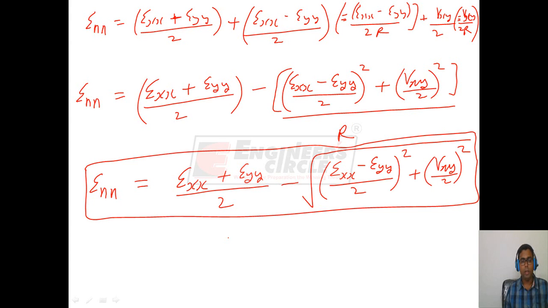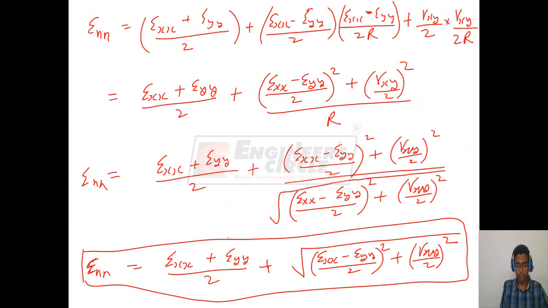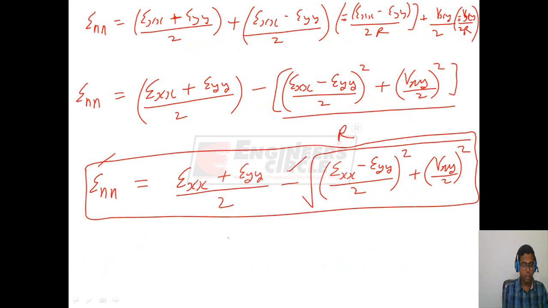Now out of these two values, it can be clearly seen that we have a minus sign in this equation, but in this equation of epsilon nn we have a plus sign. So out of these two, this epsilon nn is greater, so we designate this by epsilon 1 and we designate this epsilon nn by epsilon 2.